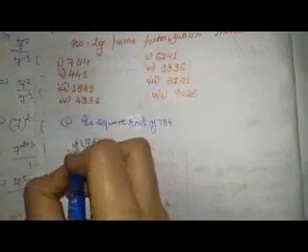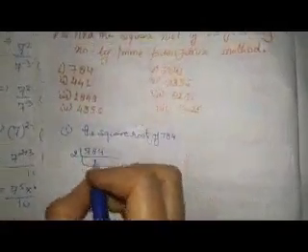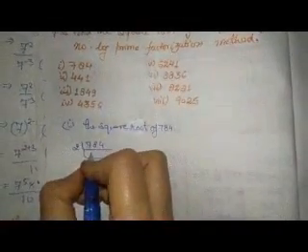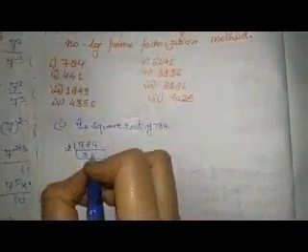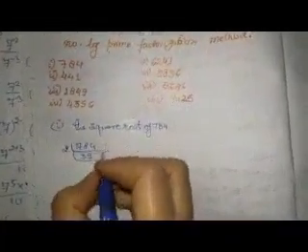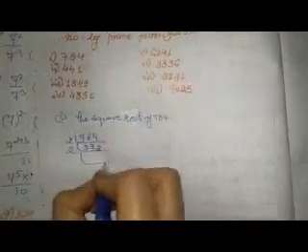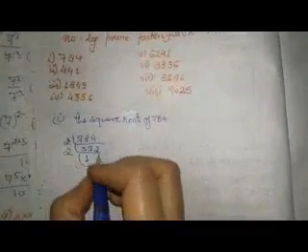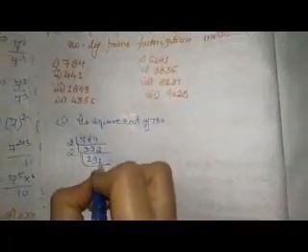For the prime factorization, we will start with the lowest prime number, which is 2. Here I divided by 2. 2 threes are 6. 2 nines are 18 and 2 twos are 4. Then again 2.